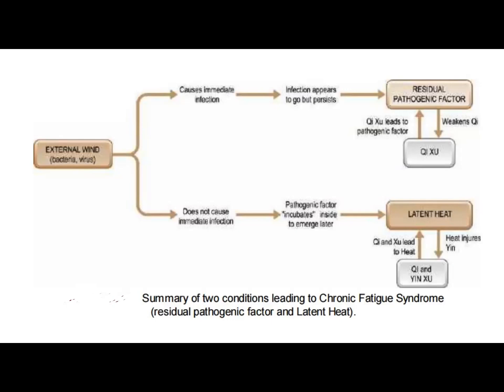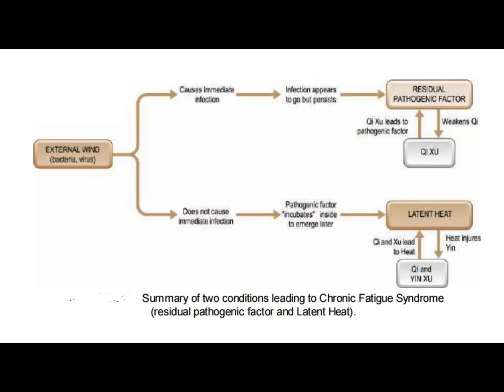If it causes an immediate infection, the infection appears to go, but it persists. So you form a residual pathogenic factor, which can weaken the qi. So you'll have qi deficiency. If you have a pre-existing qi deficiency or a comorbidity, this will welcome the pathogenic factor with open arms.